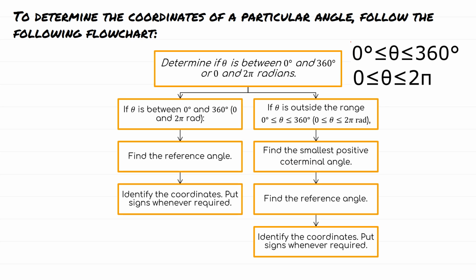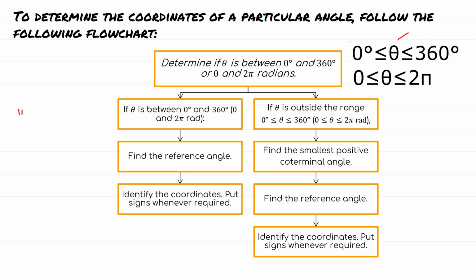Ngayon, depende sa value ng theta ninyo. Kung yung value ng theta ninyo nasa range na binigay ko, hahanapin na natin agad si reference angle. Okay? After na makuha si reference angle, identify natin si coordinates. Paano natin mahanap si coordinates? Yung binanggit natin kanina.